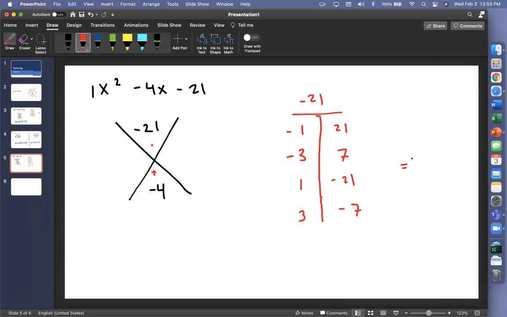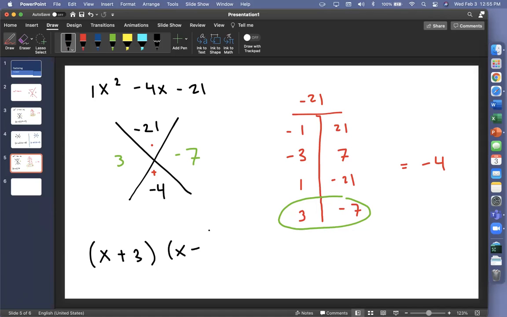And I want to see which one equals a negative 4. Ultimately, we're going to see 3 minus 7 gives me a negative 4. So my two numbers are 3 and negative 7. My factor is going to be x plus 3, because that is a positive 3, and then x minus 7.